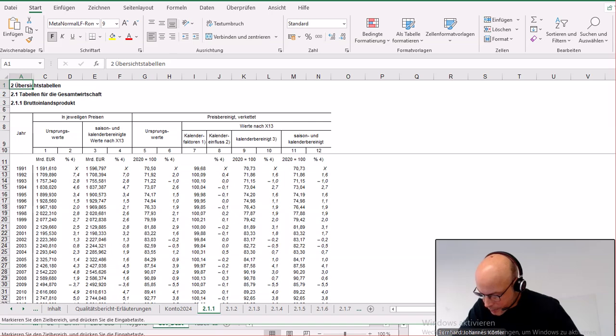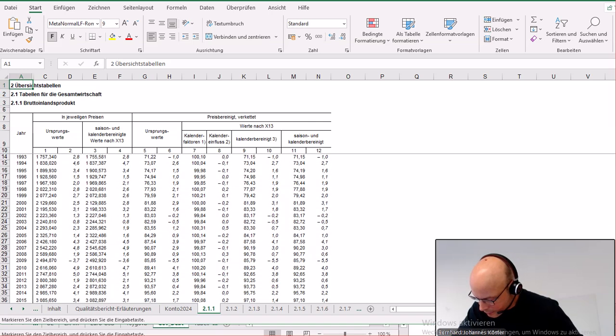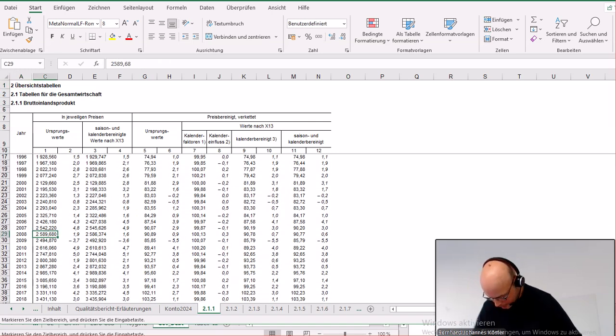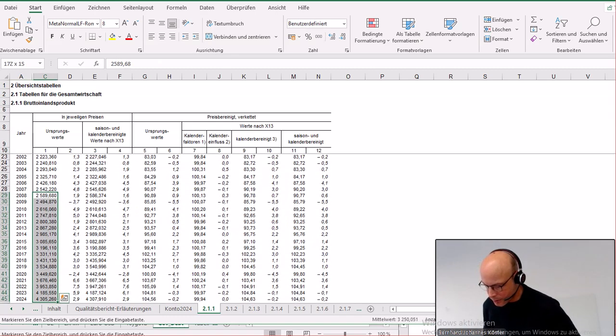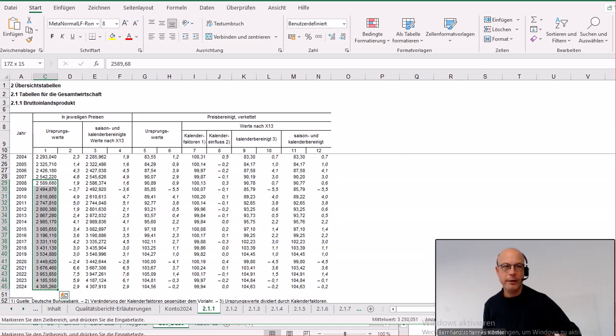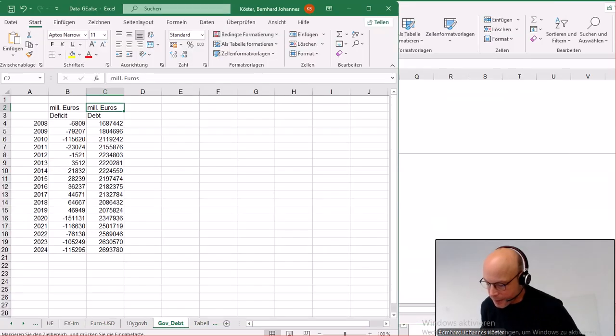GDP, I should find it here and from 2008. It could also be possible that for your country you directly find this time series, which is showing it in percent of GDP.